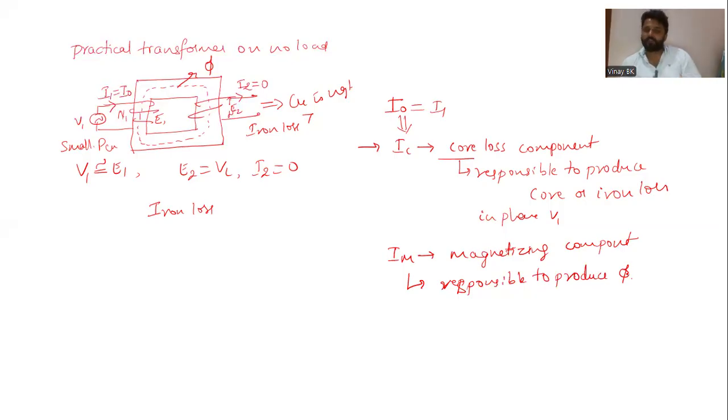So if you refer to the phasor diagram, you know that the flux is the reference. To produce this alternating flux, the magnetizing component IM is required.